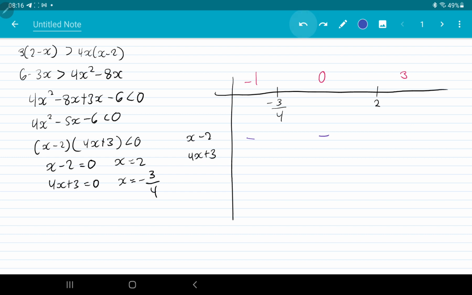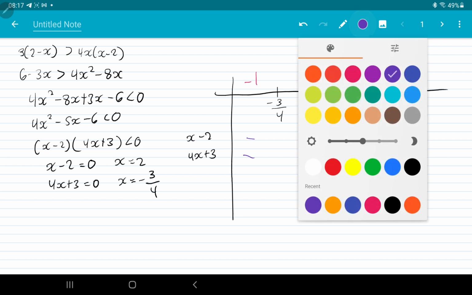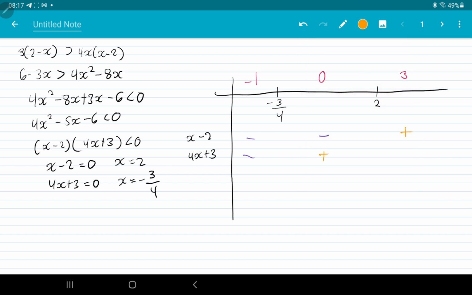Wait, I should use a different color, orange. Yep. So for negative 1 in the second factor, 4x plus 3, we get negative 4 plus 3, which is a negative value, so that should be color purple, negative. For 4 times 0 plus 3, we get 3, which is a positive value, so it will be a positive sign. And the final one should be the positive sign, obviously.